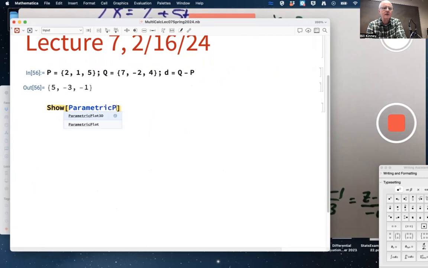Parametric plot 3D. Probably the quickest way to type this is as P plus T times D. That's how I wrote it by hand.